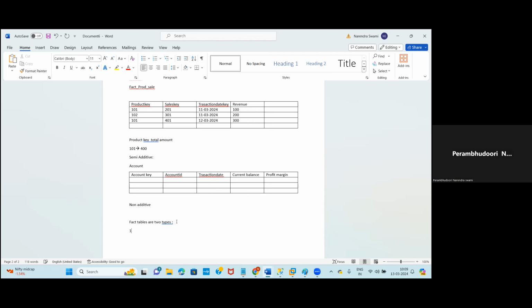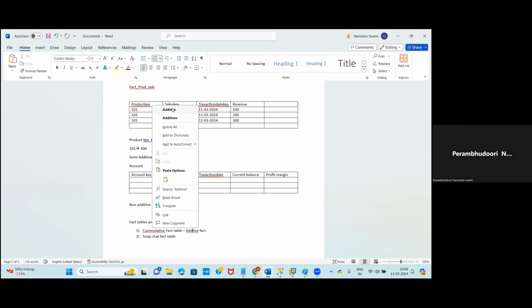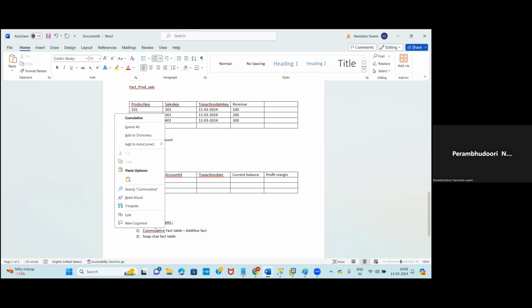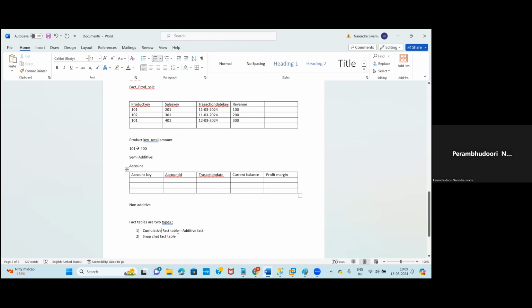One is the cumulative fact table, and the second one is the snapshot fact table. For the cumulative fact table, the example is additive fact. And for the snapshot fact table, the example is semi-additive or non-additive.